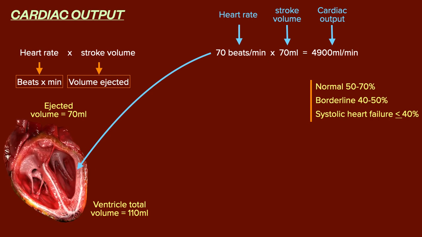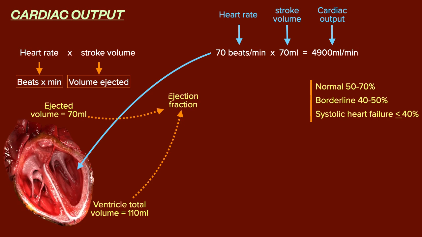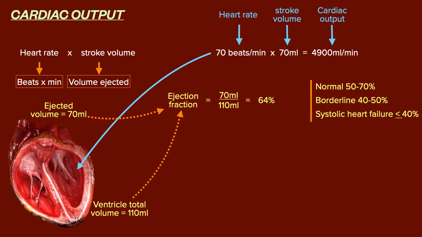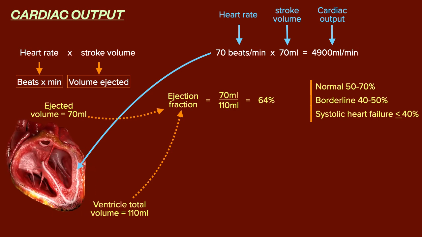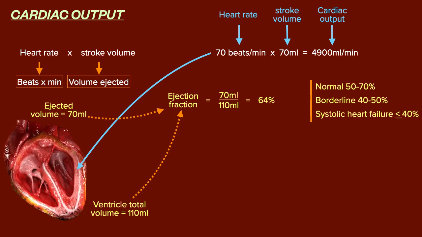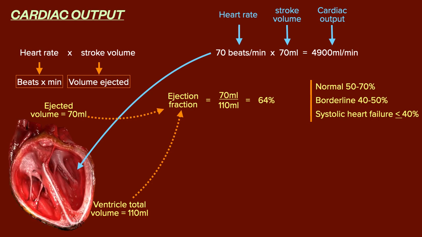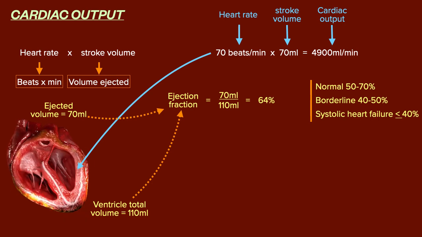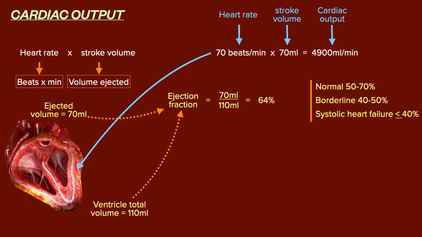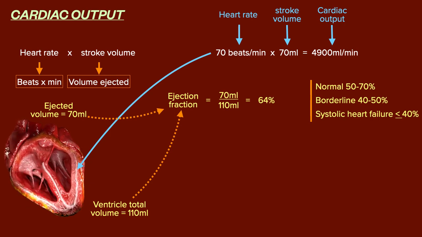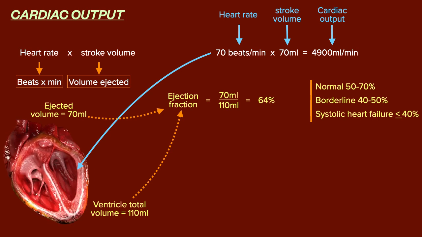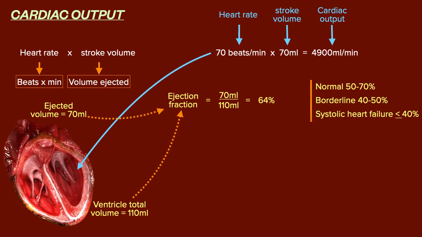So in this example, the ejection fraction would be 70 divided by 110, and this gives a value of 64%. So a normal ejection fraction is considered between 50 and 70%. Between 40 and 50, that's considered borderline. And anything 40 or less is indicating systolic heart failure because the heart is only squeezing out a little bit of the total blood.